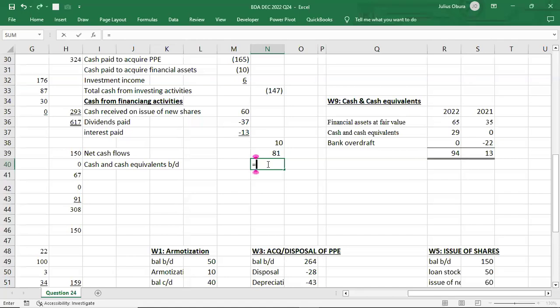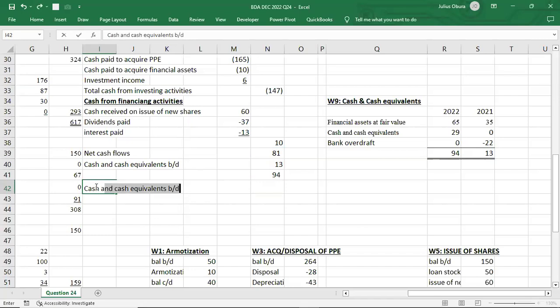Cash and cash equivalents brought down will be 13, which means that the total here should be equal to 81 plus 13. And I get 94.